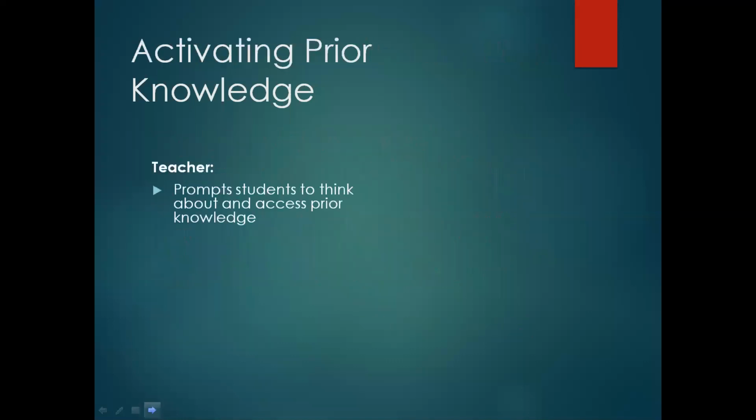All right, so the teacher during this time is going to prompt students to think about and access prior knowledge. You're going to monitor partner discussions. You might say, all right, students, today's objective is students will be able to blah, blah, blah. What do you know about that already? Or what have we already learned about that? And then tell your partner.